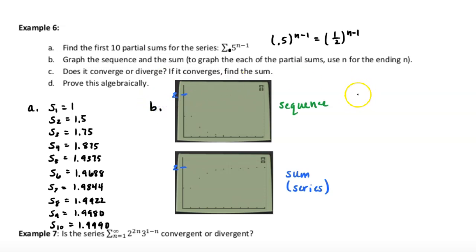And for part C, does the sum converge? Or the series, I'm sorry. Does the series converge?